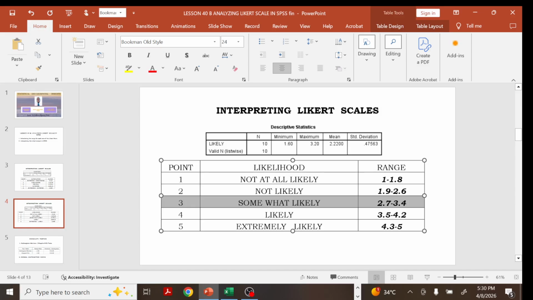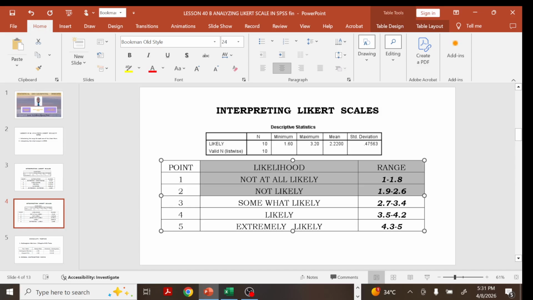So the mean is 2.22, which falls in the range of not likely. What does it mean here? It means that the average number of respondents are not likely to recommend the products to others or may even discourage others from buying the product.